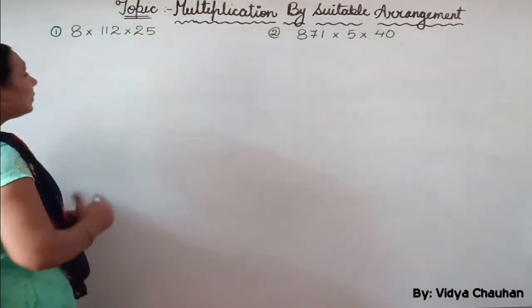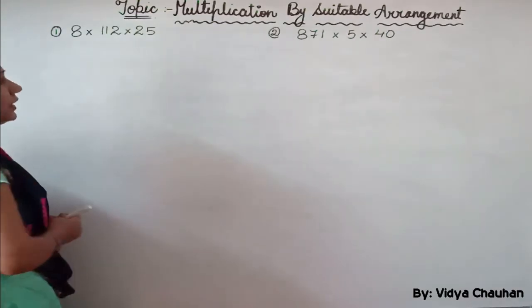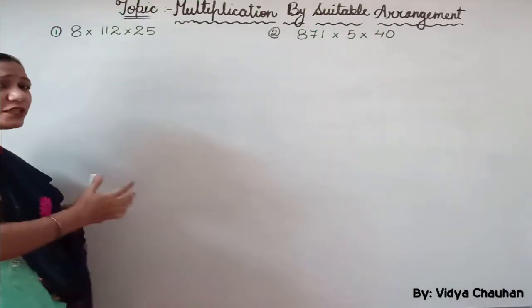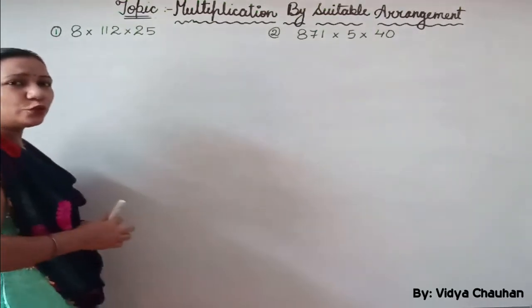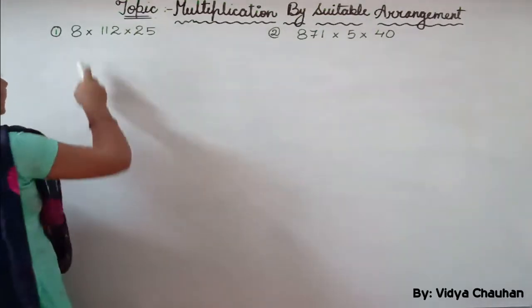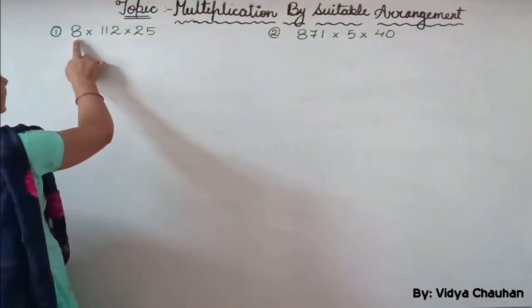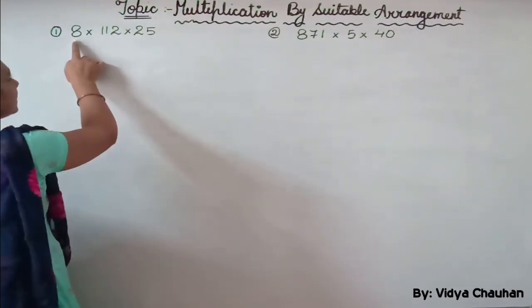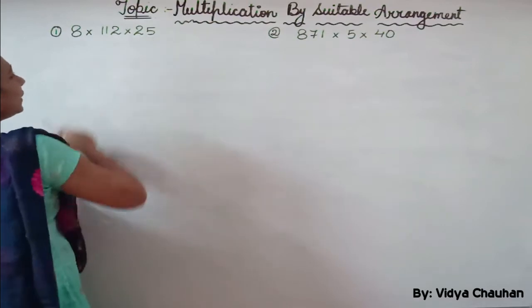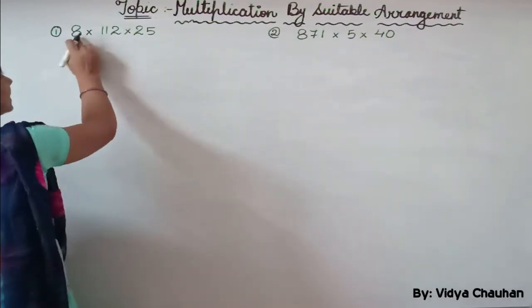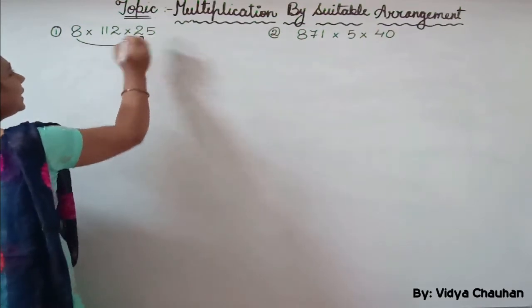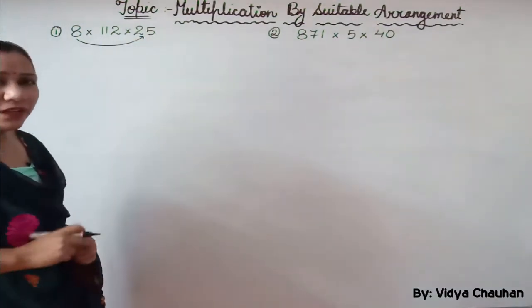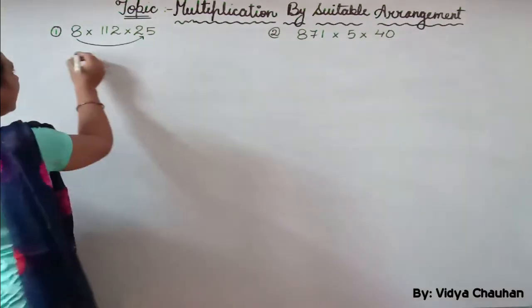For that, you just have to examine the question carefully and find out what easy way you can choose to multiply the terms. Here in this question, instead of multiplying 8 with 112, if I multiply 8 with 25 first, what will be the answer?